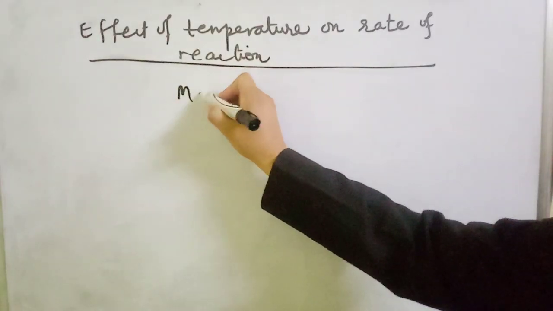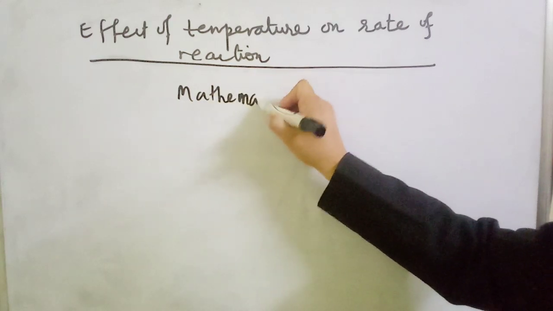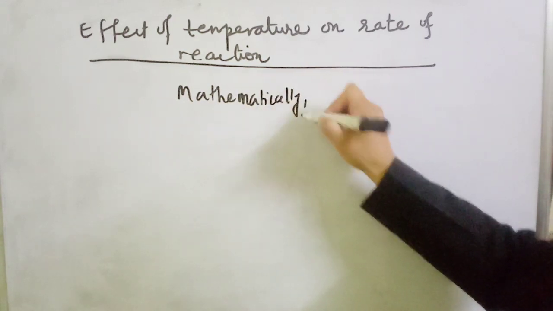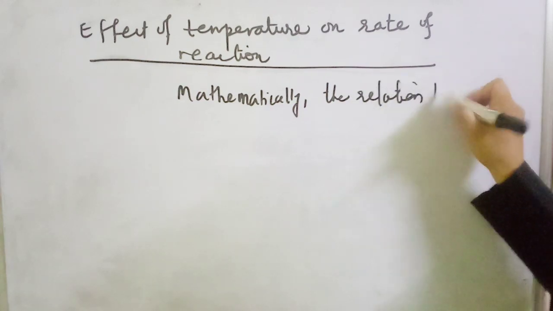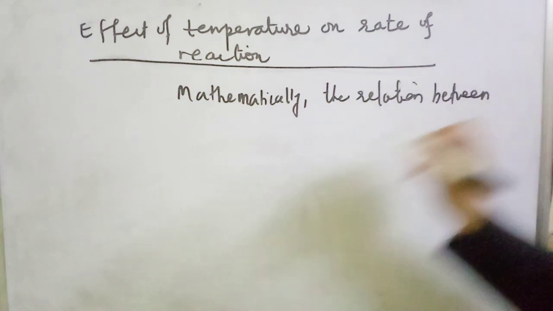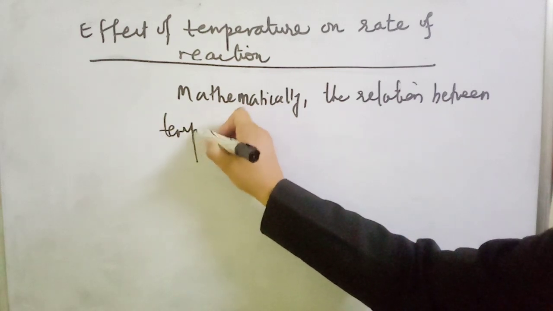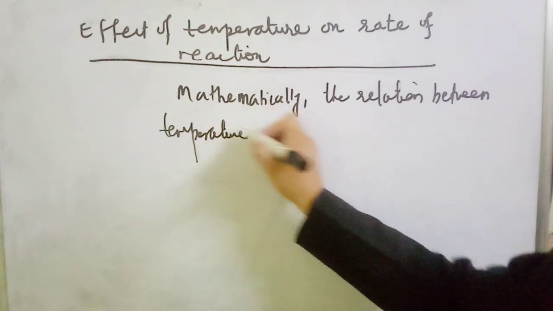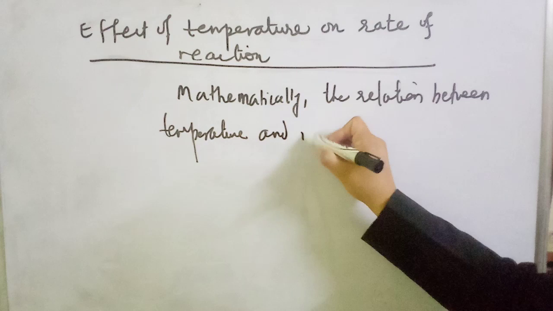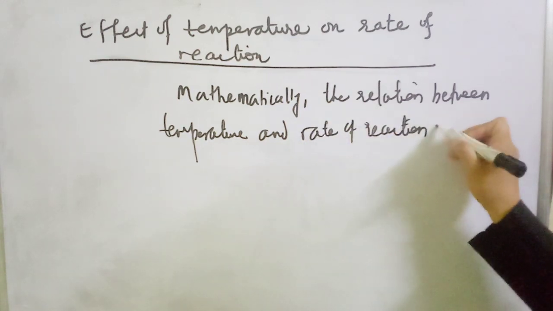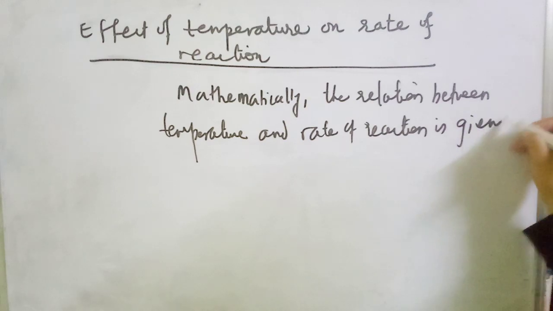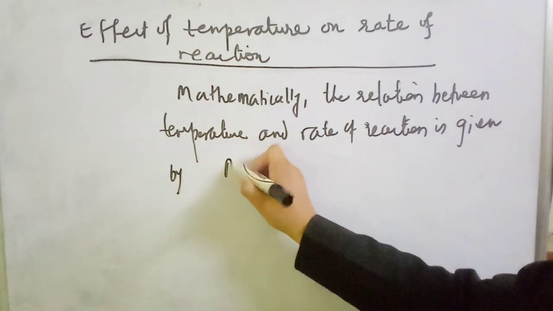So mathematically, the relation between temperature and rate of reaction is given by the Arrhenius equation.